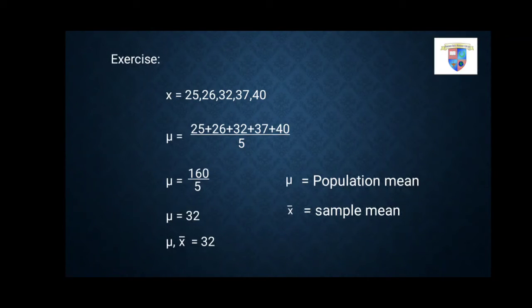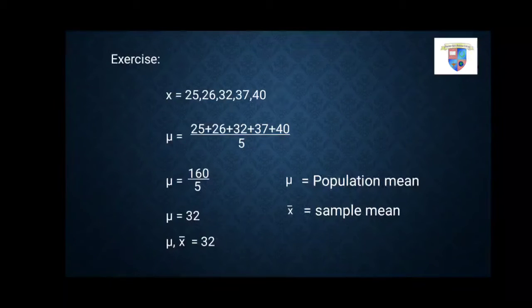So we have here 25 plus 26 plus 32 plus 37 plus 40 over the population size or the sample size, which is 5. The answer is 160 over 5, and our final answer is 32. So our population mean and our sample mean is 32.